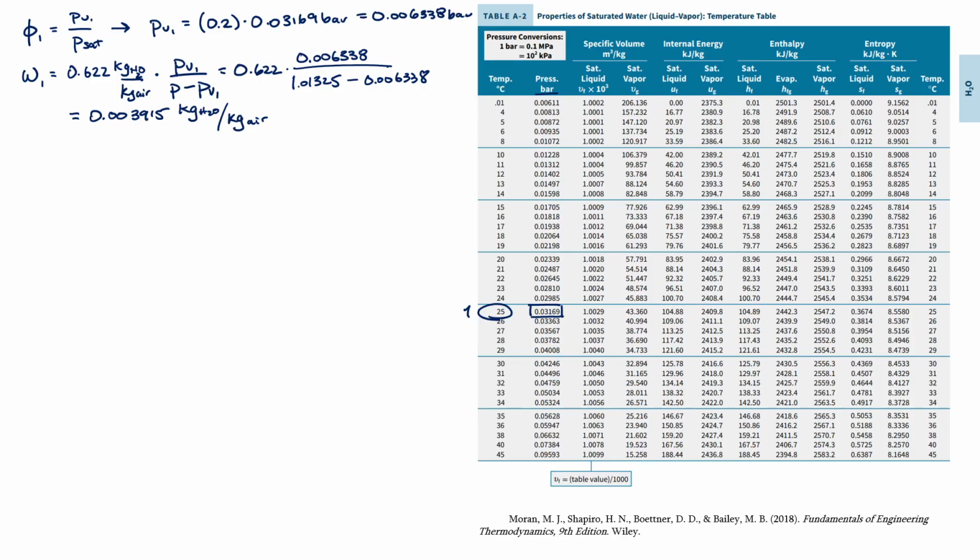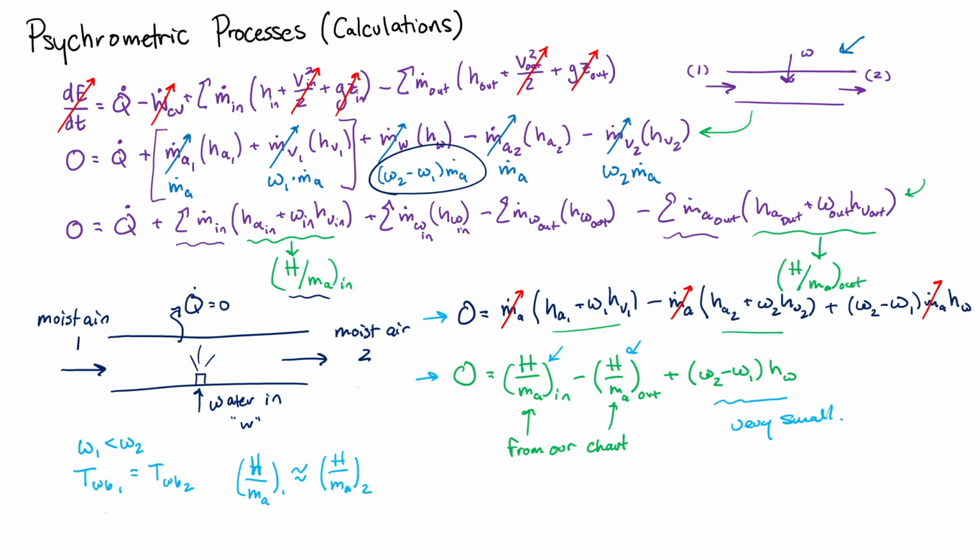Next thing we're going to do is go ahead and throw all of this into our big conservation of energy problem from above. So we didn't even need this energy problem before.